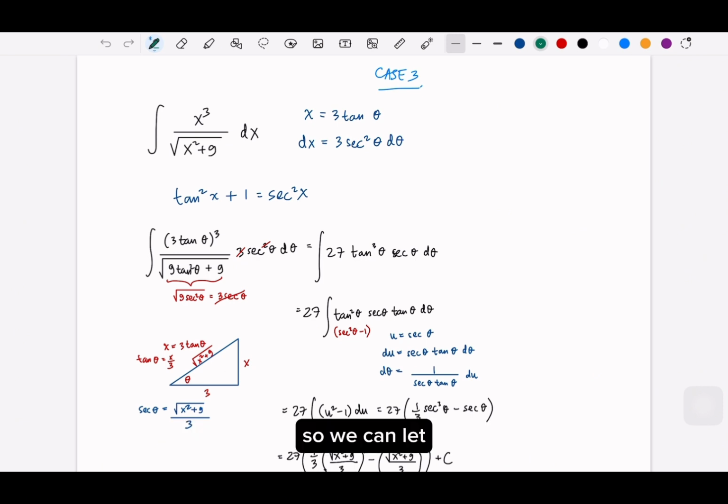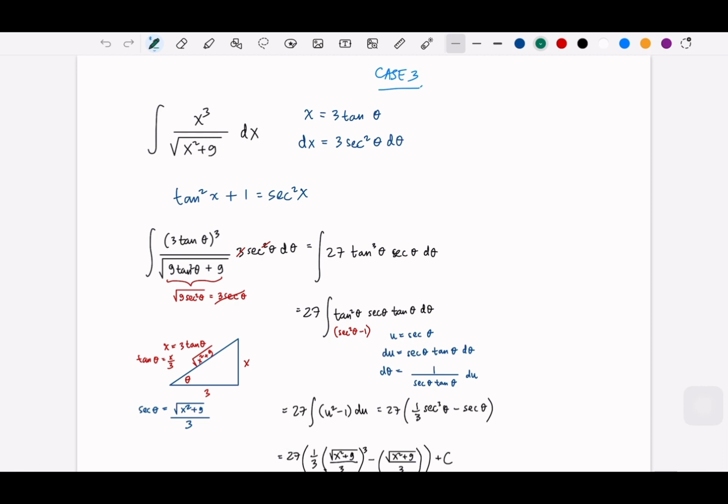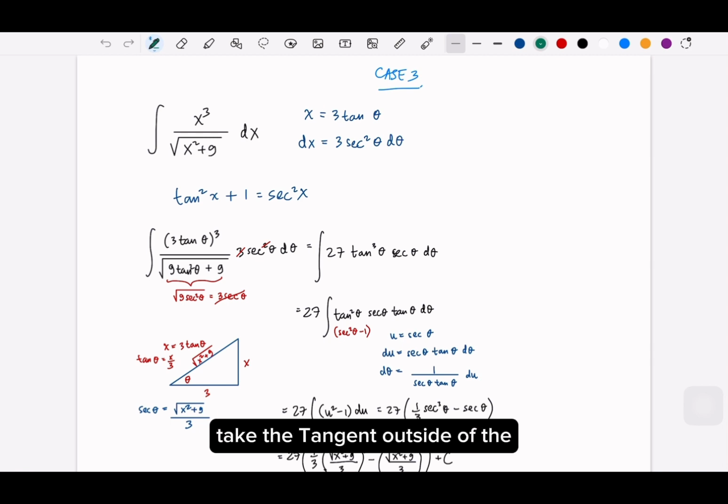So this is 27, and let me just take the tangent outside of the cubic. So let me just write tangent squared and then secant theta and then tangent theta.